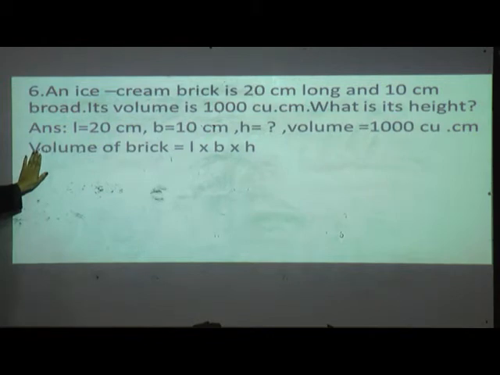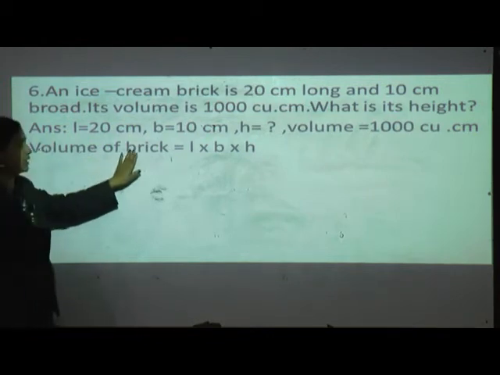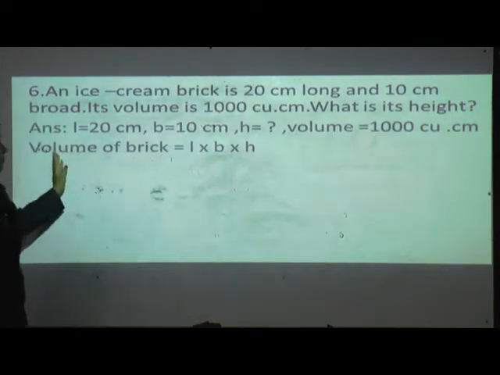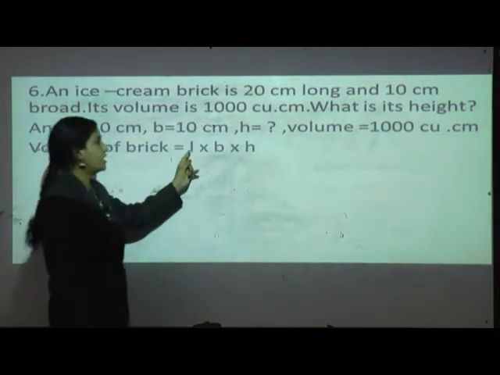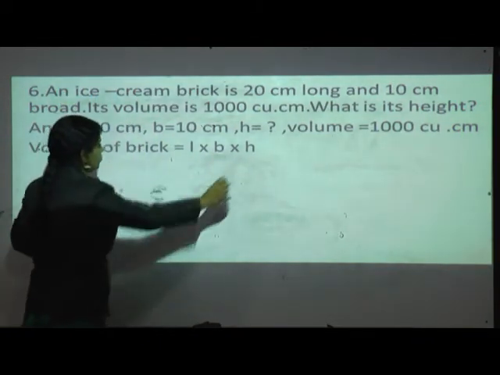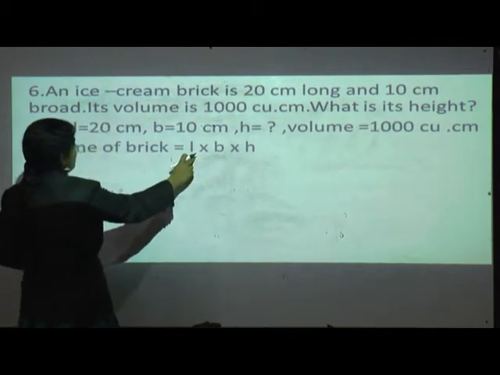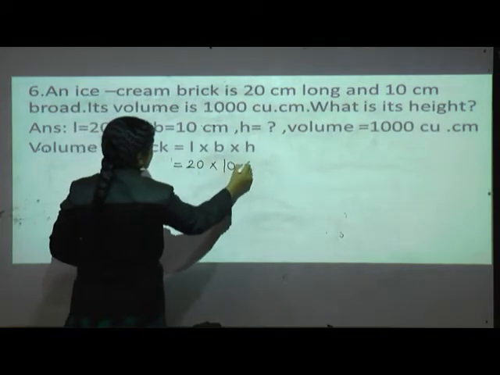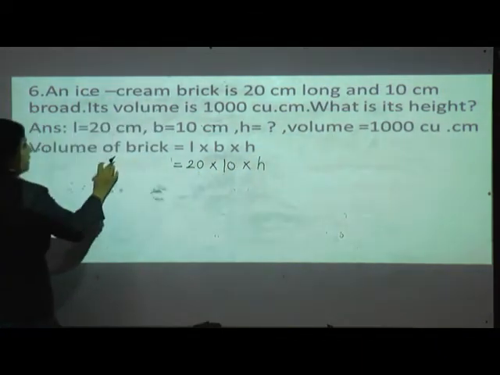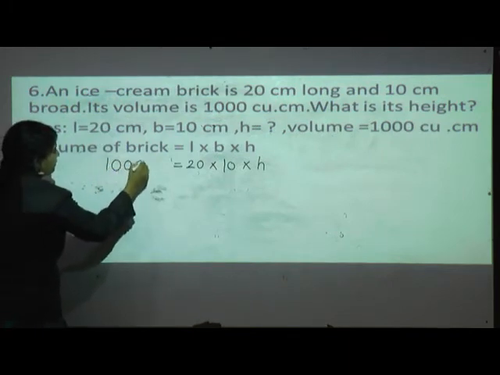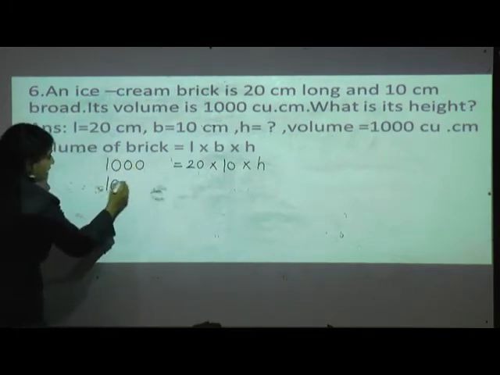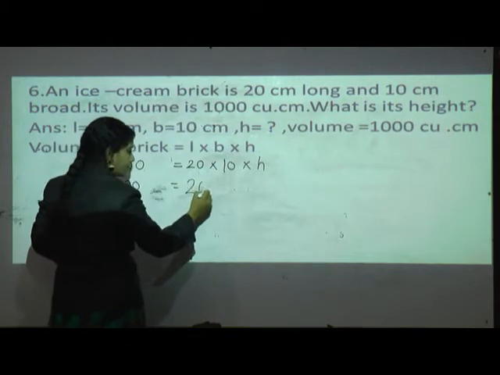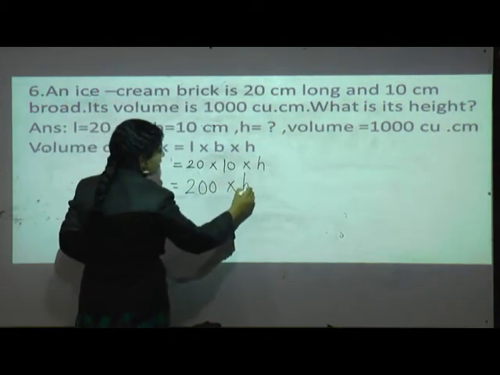So as per the formula, that means volume of a brick. So brick is in the shape of a cuboid. That's why use the formula volume L into B into H. So put the value in the formula. L is equal to 20 multiplied by B, 10 multiplied by H, and volume of a brick is 1000. So here keep 1000 as it is. So multiply 20 and 10, you will get, here students, 200, and here H as it is.